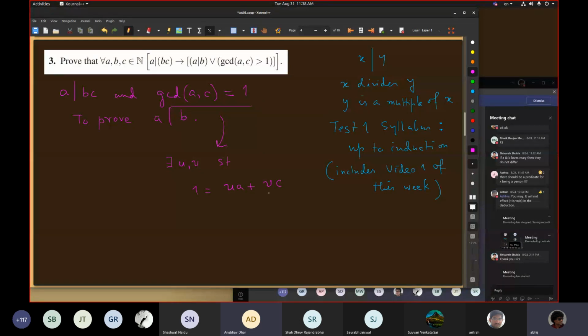Sir, then we can write from the statement A divides BC that there exists an integer k such that KA equals BC. I do not exactly follow your argument. But anyway, instead of writing that, just multiply this by b.